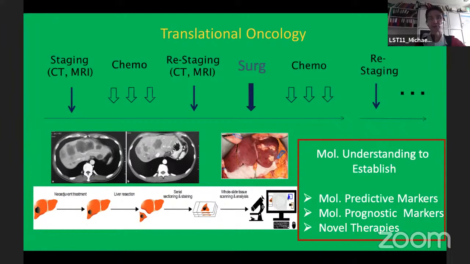And why is this so important? Because if we treat patients in our scheme, we often treat patients who do not respond to our therapy. The molecular biology should help us to have predictive parameters which indicate which therapy is really working, and also possibly prognostic parameters which tell us how the overall survival will be.